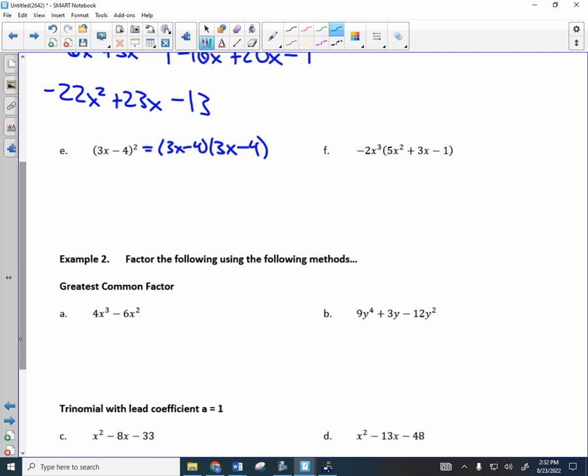Stop altogether. So I multiply, I get 9x squared, and then minus 12x plus 16. So I get 9x squared minus 24x plus 16. Y'all good with that? Do letter F on your own real quick.